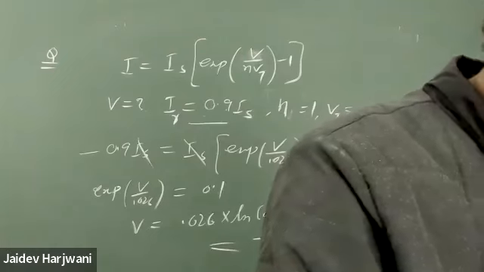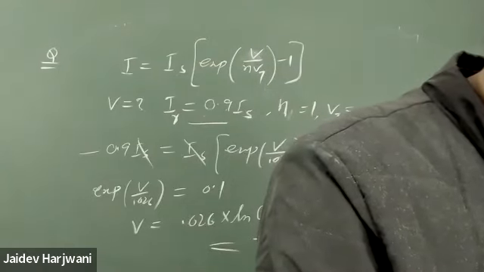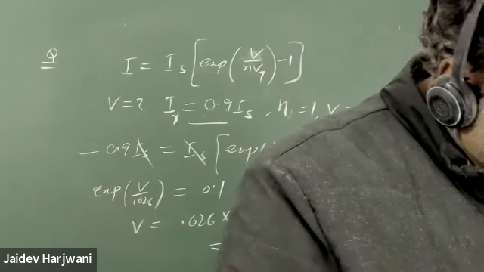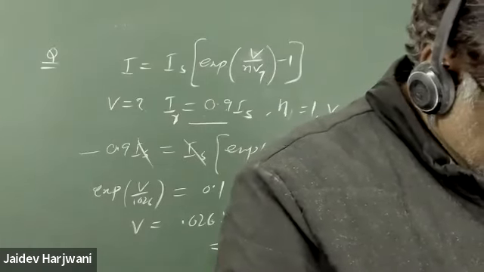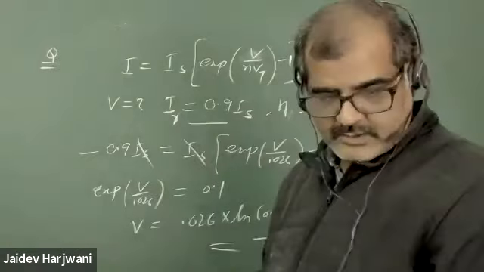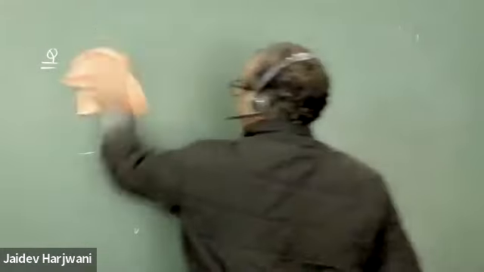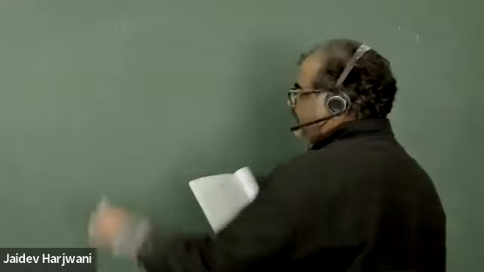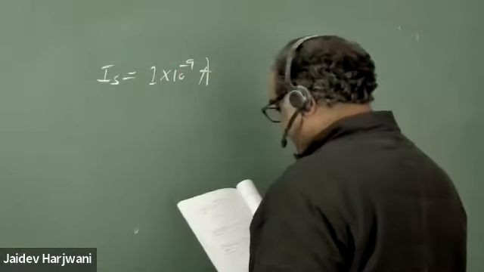Just give me 1 minute. Now it says: if the reverse saturation current of a p-n junction silicon diode is 1 nanoampere, that means 10 to the power minus 9 ampere.